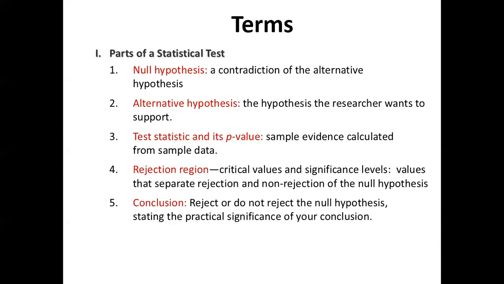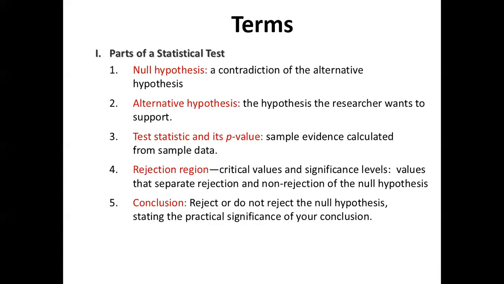The alternative hypothesis is the hypothesis that the researcher usually wants to support because there is a significant finding. And the third step, we are going to test the statistic by using the appropriate formula based on the situation and the question. And then we are also going to find the p-value.